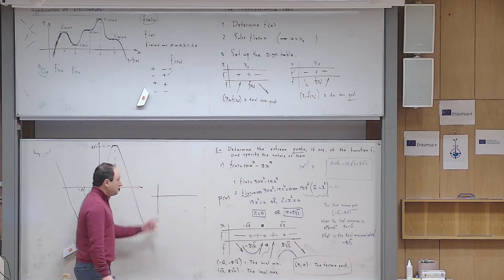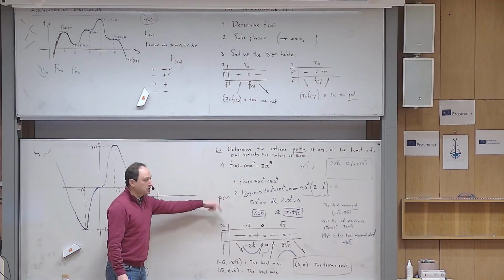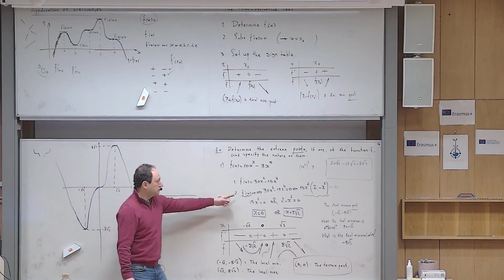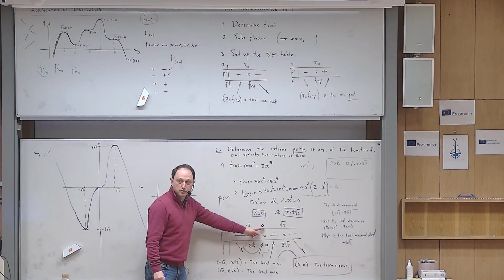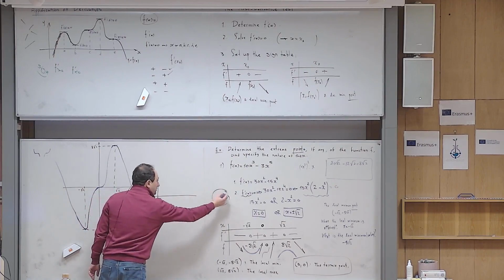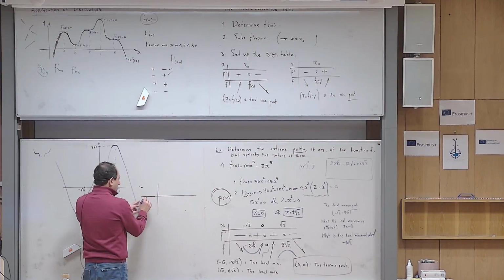If I want to draw the graph of this function, it has some zeros. What are the zeros of this function? I found them: minus the square root of 2, 0, and the square root of 2. So if I am able to draw the graph of this function, what happens? It will hit the x-axis at 3 points.